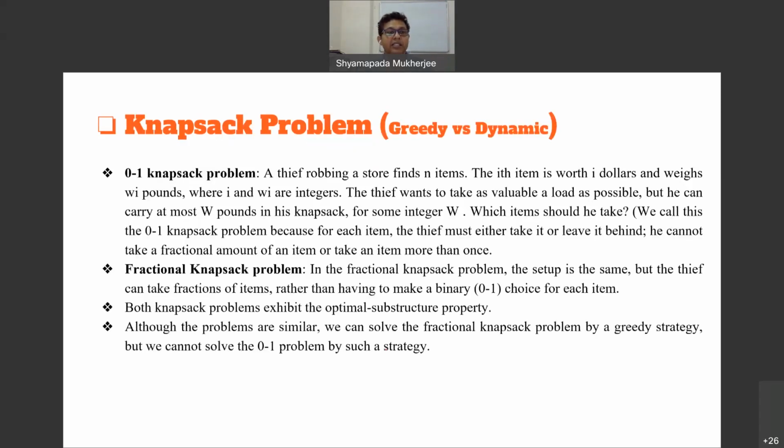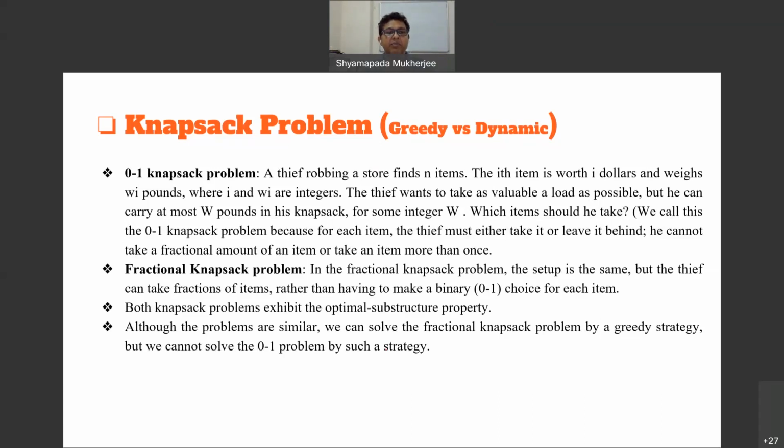Here this knapsack problem will give us one clear picture of how people can be confused in applying dynamic programming or the greedy strategy for solving one problem. There is a very common, popular problem called the knapsack problem. There are two versions of it: one is the 0-1 knapsack problem, and another is the fractional knapsack problem.